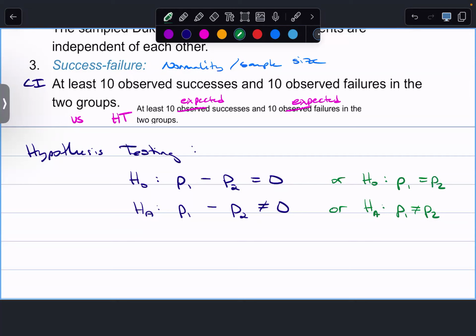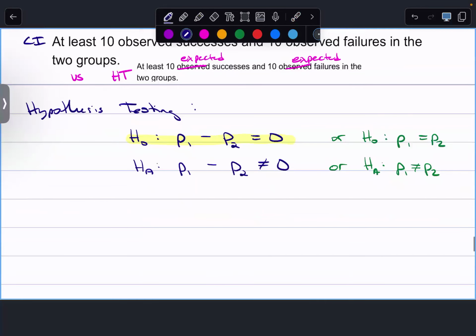Easier to digest, but the theory is going to come easier if we focus on it being equal to 0. So that's your null and alternative hypothesis generally for a two sample proportion question. In fact, this will always be the null hypothesis for a two sample proportions question. I do want you to use question-specific subscripts, right, because one's going to yield a negative and one's going to yield a positive. And so it matters which one is which, but you only have to do it in your null and alternative hypotheses.